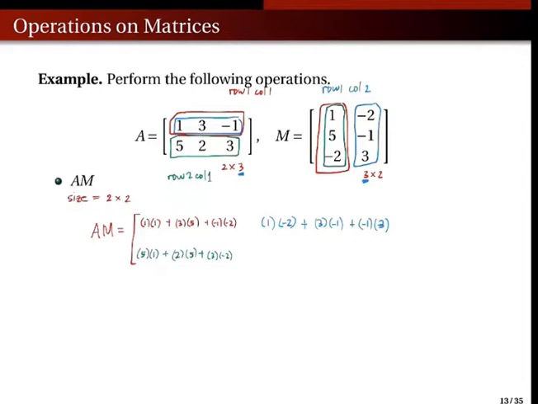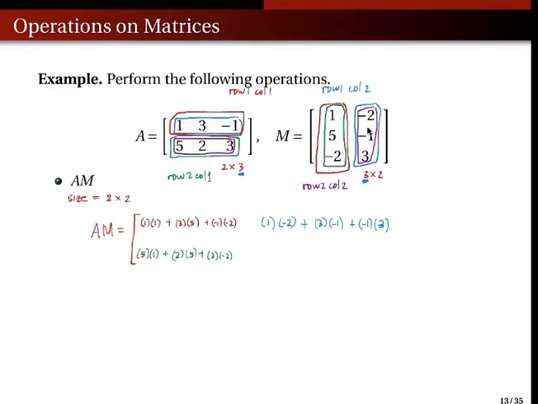And then let's use this color. Now let us do row 2 in A, and then column 2 in M. So row 2 in A, column 2 in M. So now, the product, you will write that in row 2 in AM and then column 2 in AM.